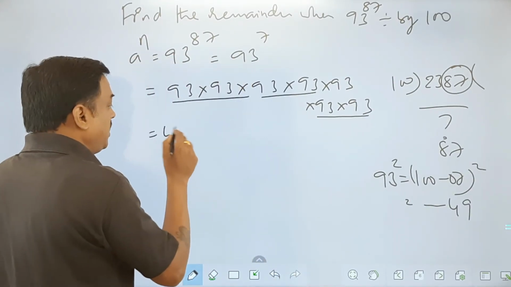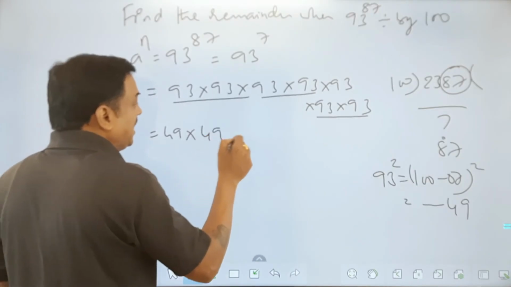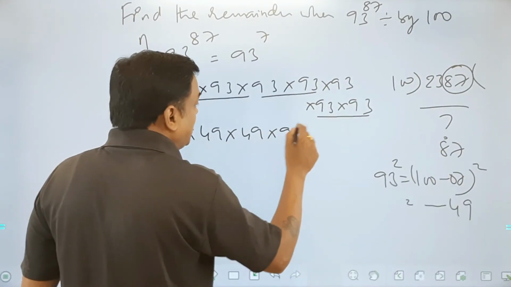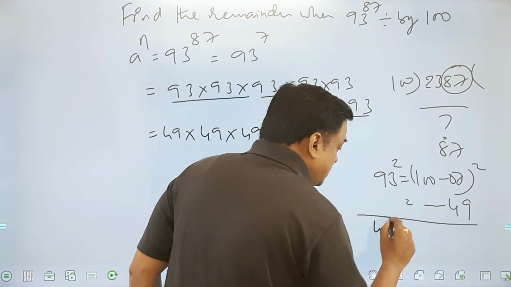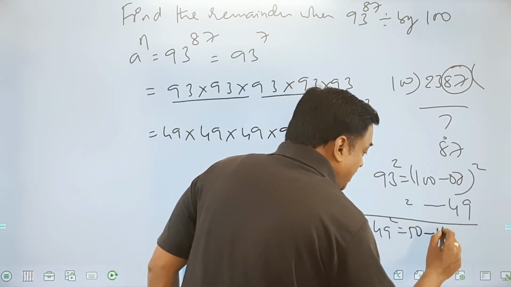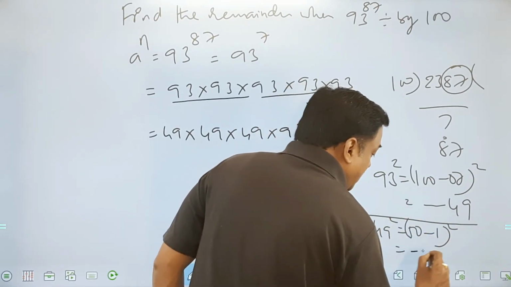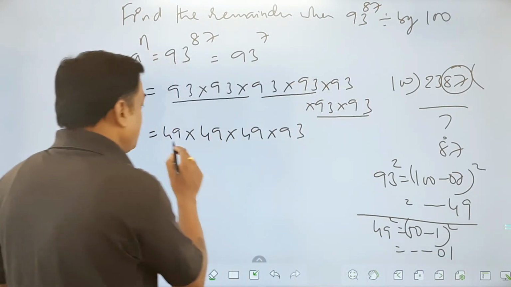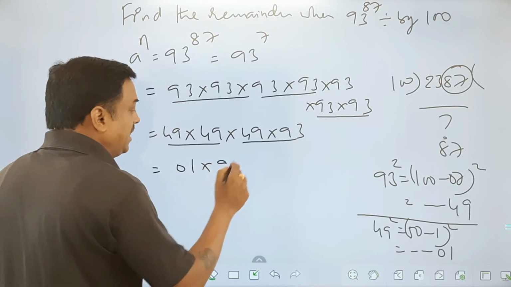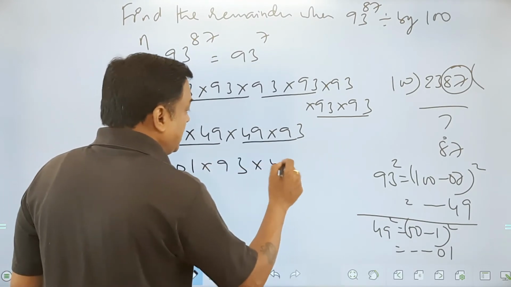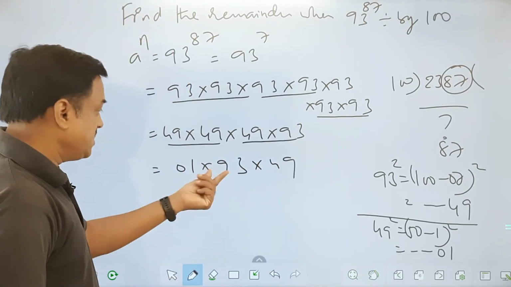So this will be 49 into 49 into 49 into 93. 49 square can be taken as 50 minus 1 whole square, which will end with 01. So we have to find 01 into 93 into 49, is what I get ultimately. So I just need to multiply.